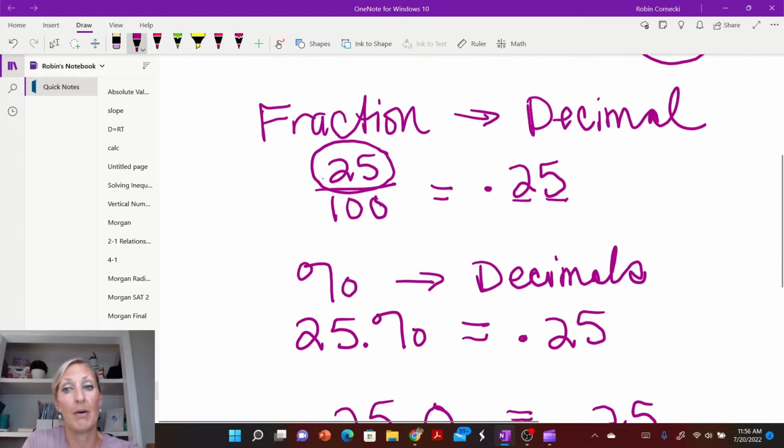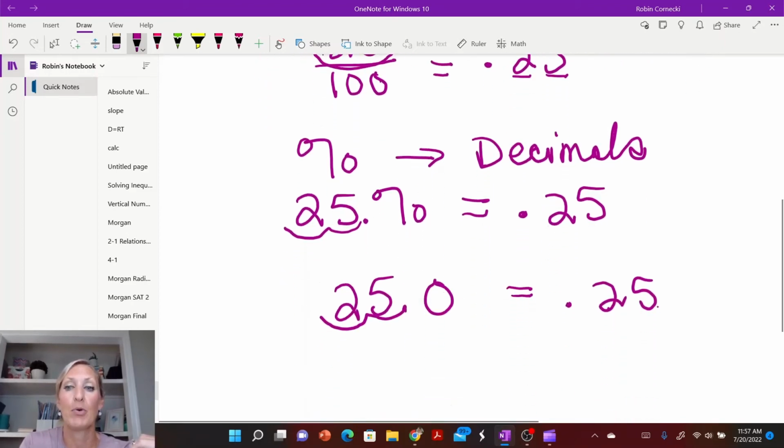If we look from percents to decimals, we can see that we started with 25%. We move our decimal 2 places over to the left because we're simply dividing it by 100 like we did for fractions to decimals, and we get 0.25.